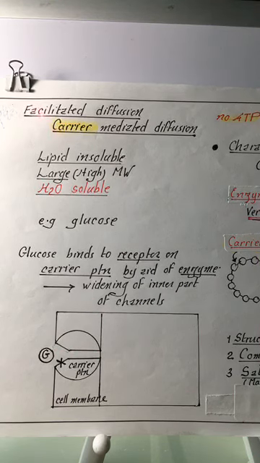We facilitate the diffusion of glucose using a carrier and enzyme. This is why it's called facilitated diffusion or carrier-mediated diffusion. The glucose molecules bind to receptors on the carrier protein by the aid of an enzyme. This will lead to widening of the inner part of the channels so that glucose molecules can pass through.